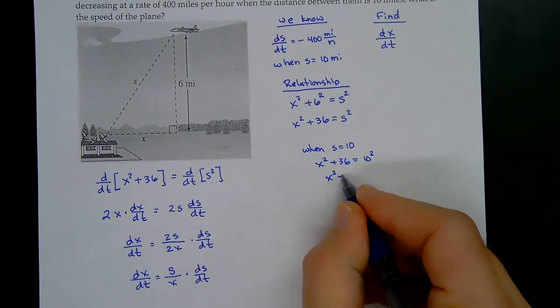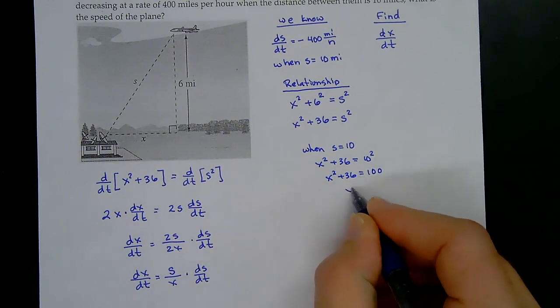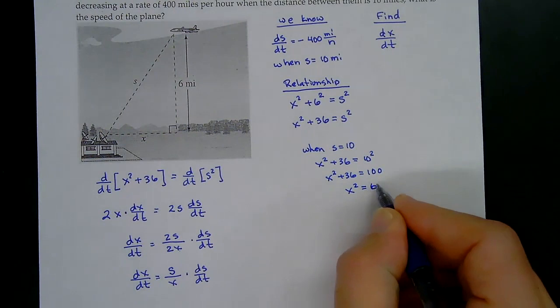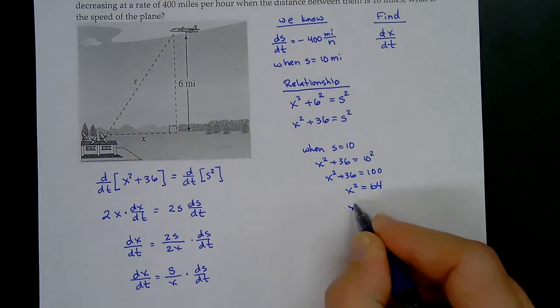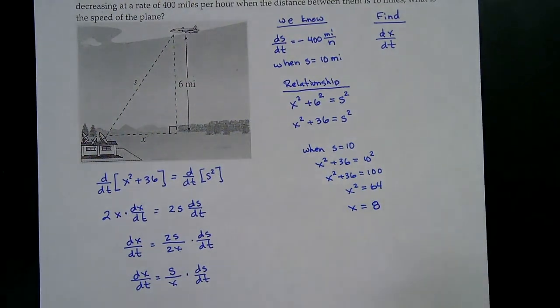So that'd be x squared plus 36 is equal to 100. And that would mean x squared would equal 64. And square rooting both sides, we get x is equal to 8. Now, really solving the equation, we get x is equal to 8 and negative 8, but this is a distance, so it has to be positive, okay?